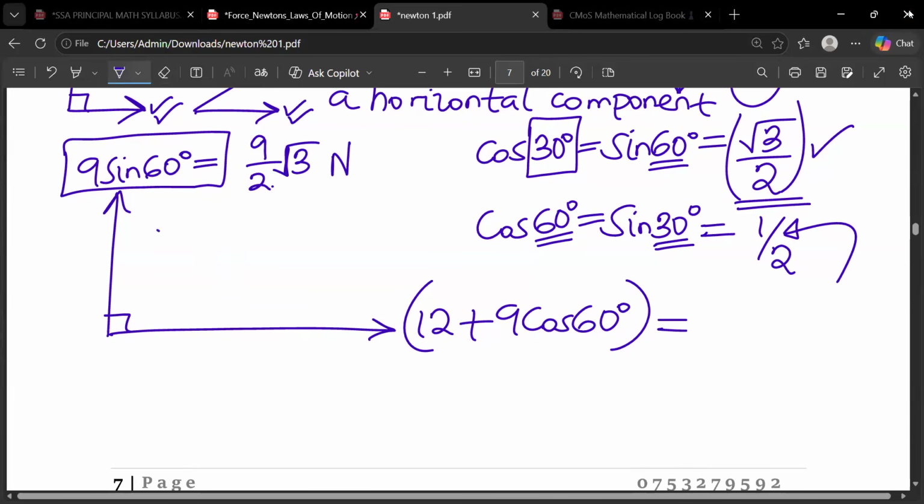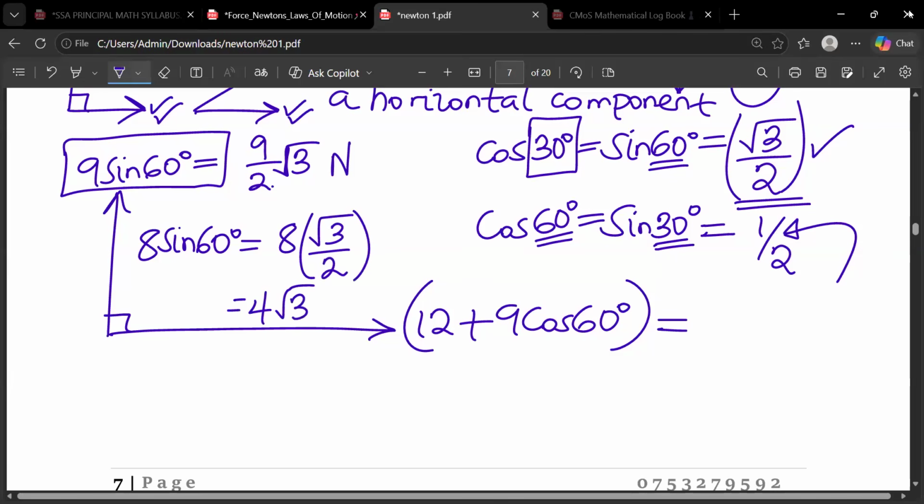Just because this one is 9 over 2, it may look weird. But assume it was something like maybe 8 sine 60. When you say 8 sine 60 and come and write 8 into root 3 over 2, the 8 over 2 is going to become 4 root 3, and 4 root 3 is even looking nice. Do you understand that you've not yet started rounding off your answer? So it is always good you round off when you reach the final answer.